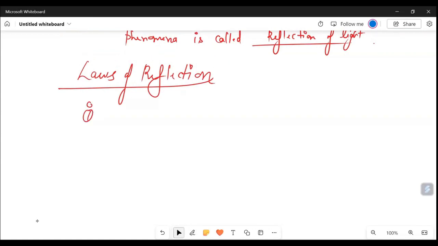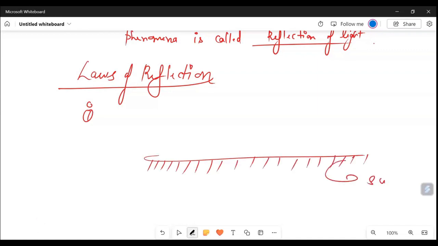First I am drawing what reflection is. Suppose you have this kind of surface. It can be any polished surface. Light always comes in a straight line. So I am drawing one straight line here, and it is striking the surface.